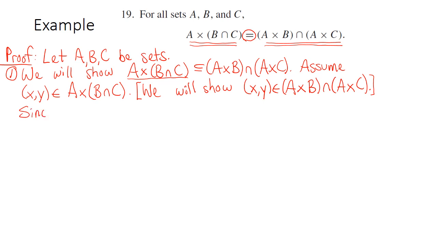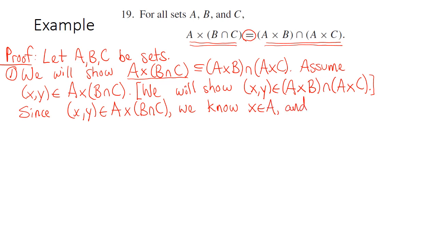So because of that, that tells us quite a bit, actually. So an ordered pair in a Cartesian product, the first element of the ordered pair has to be in the first part of the Cartesian product. So x has to be in A. And the second element of the ordered pair, y, has to be in the second part of the Cartesian product.